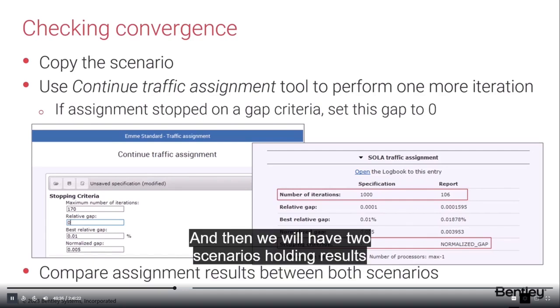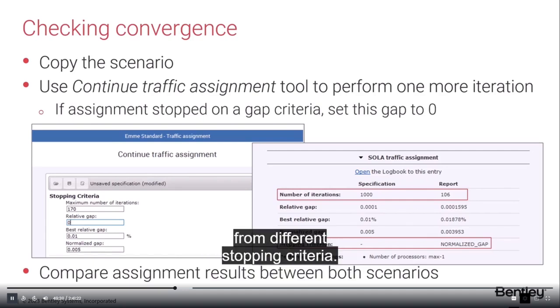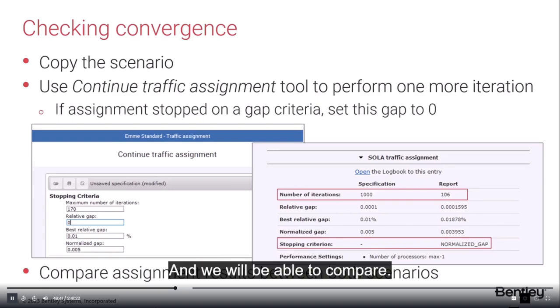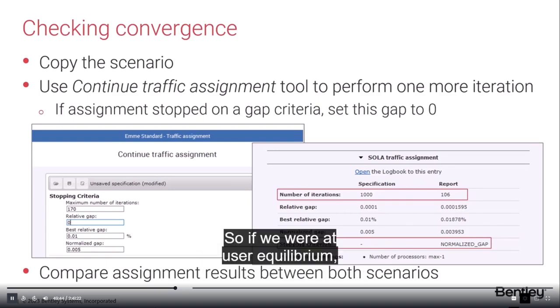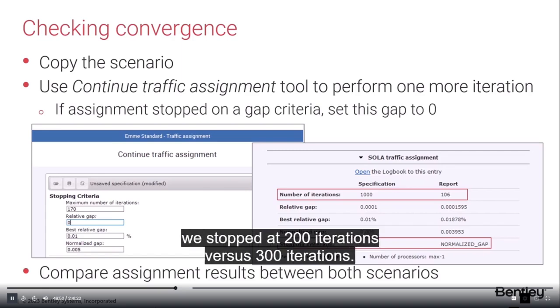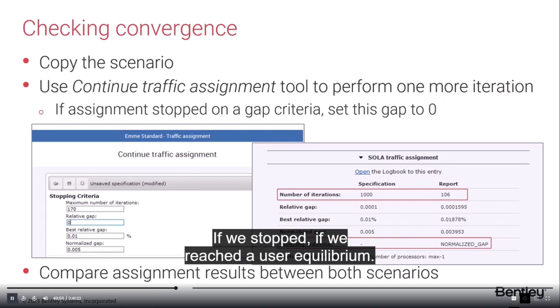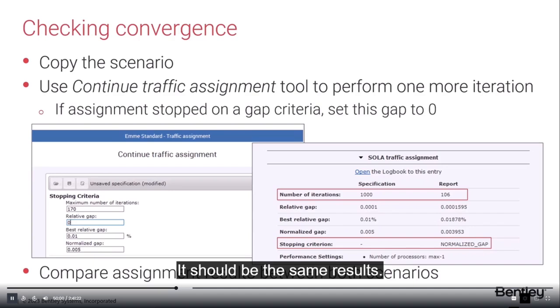And then we will have two scenarios holding results from different stopping criteria, and we will be able to compare. If we were at user equilibrium, there shouldn't be any meaningful differences between the stopping criteria where we stop at 200 iterations versus 300 iterations.